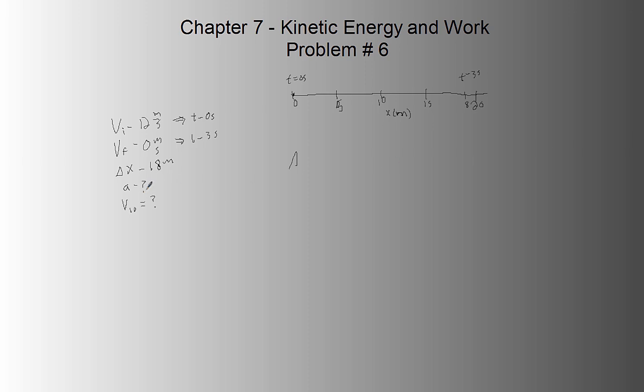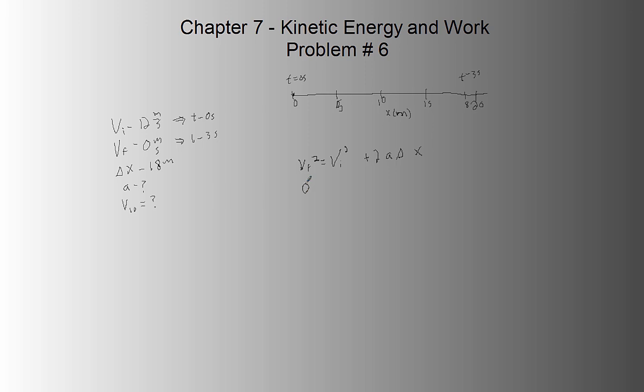is v final squared equals v initial squared plus 2a delta x. I'm not going to do some crazy algebra. I'm just going to plug in the givens here, and then if you want to verify the algebra, you can.